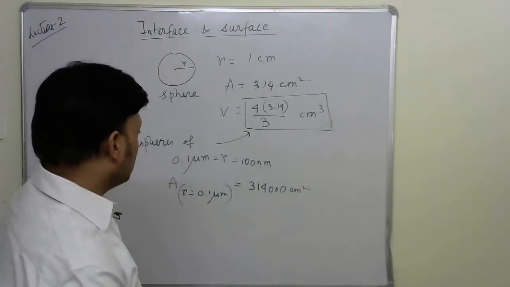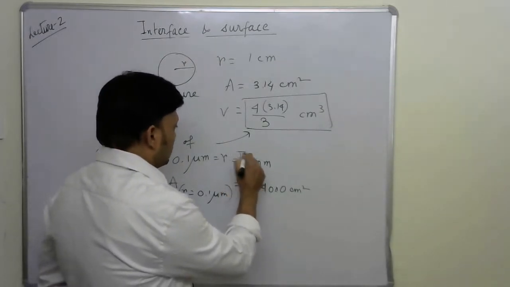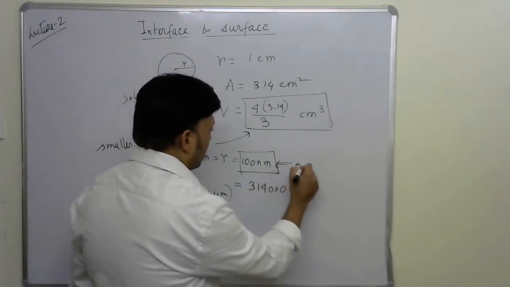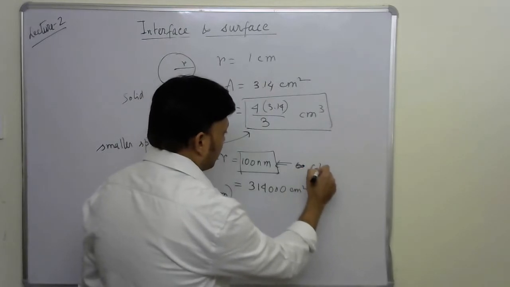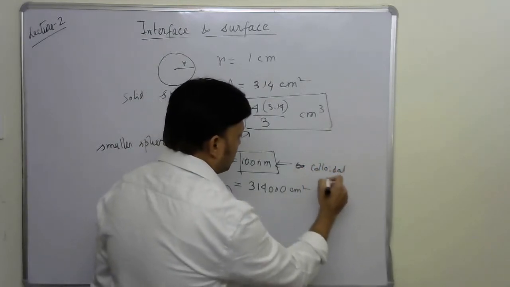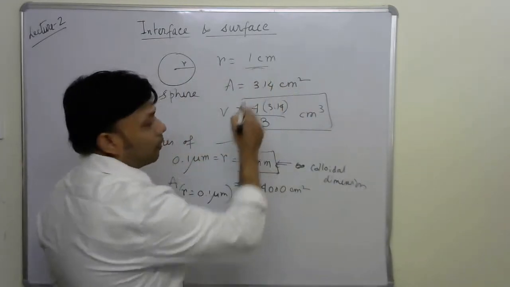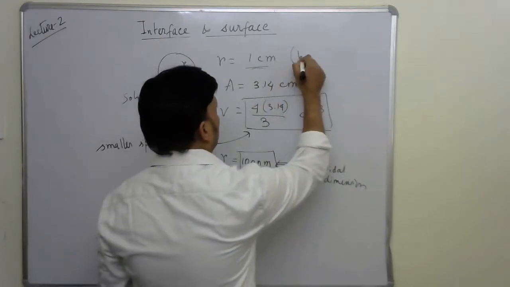So that means this dimension is strictly in the colloidal region, right? So this is a colloidal dimension, but this is not a colloidal dimension, this is bulk dimension.